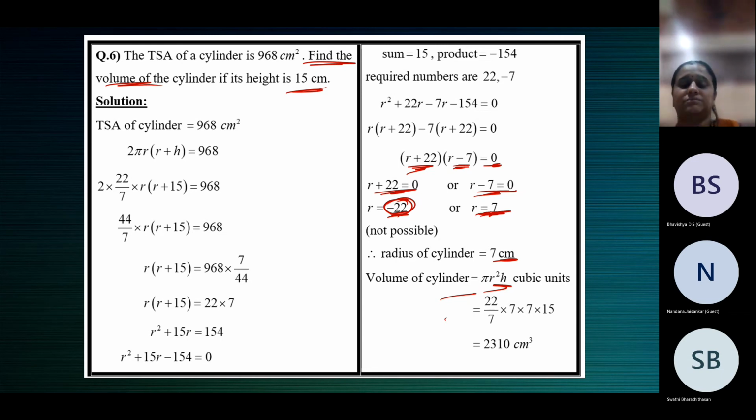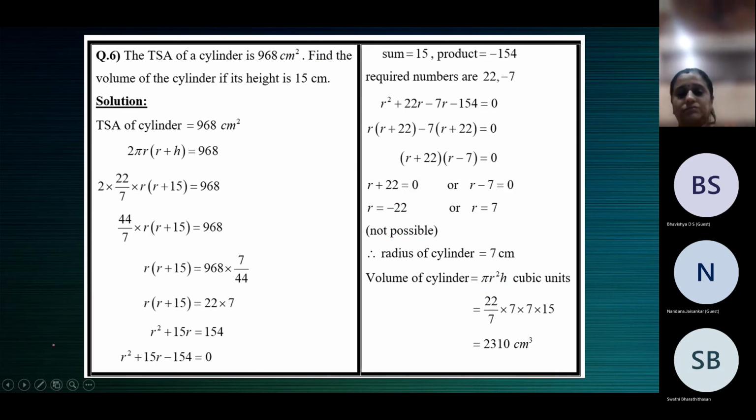So r is 7. That's what I've written here, not possible. This is how we solve a quadratic equation by splitting the middle term.